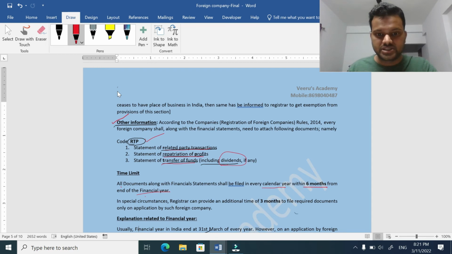And if the registrar, in special circumstances, on an application made by the foreign company, can extend this time period by a maximum of 3 months. So 6 months original timeline and 3 months additional, total 9 months. At any cost, they have to file their financial statement by 31st December every year.